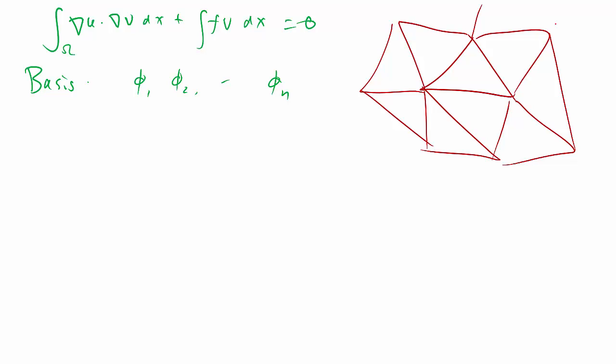If we can define the value of this function at all the nodes, then that function is uniquely defined, because inside every triangle that uniquely defines a linear function. So if we can define a basis of the values at the nodes, then we have defined a basis for the space of all these piecewise linear functions.